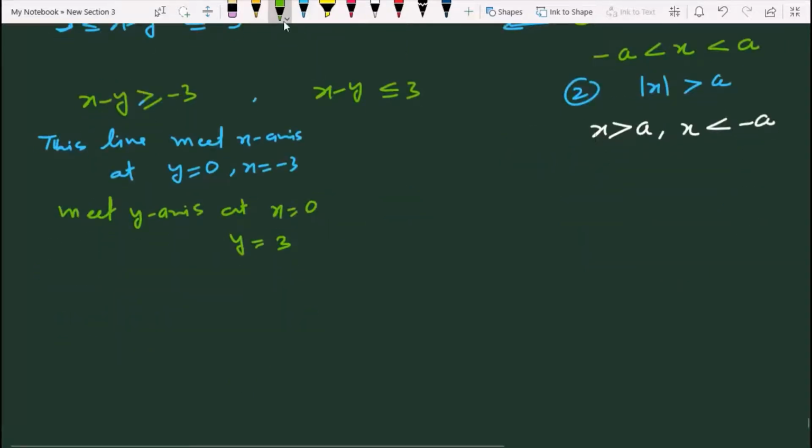So first plot the graph of the first equation, और फिर सेकंड का करेंगे. तो उसका ग्राफ प्लॉट करते हैं.